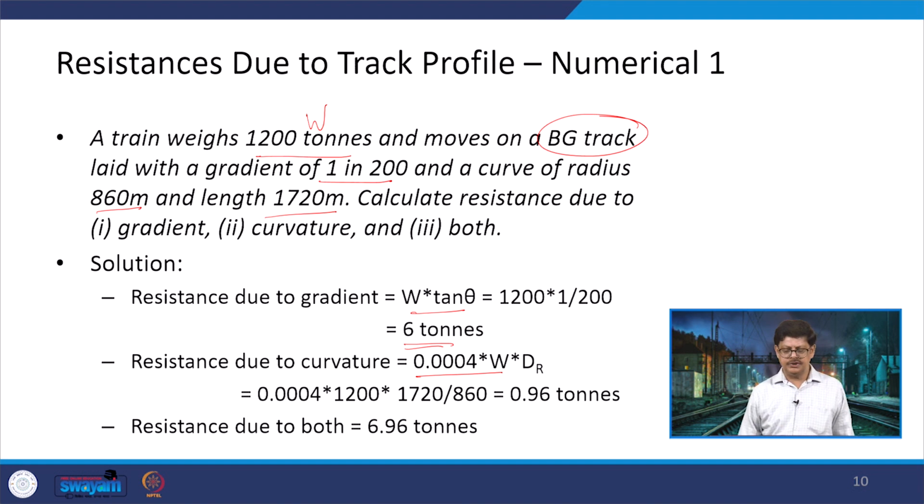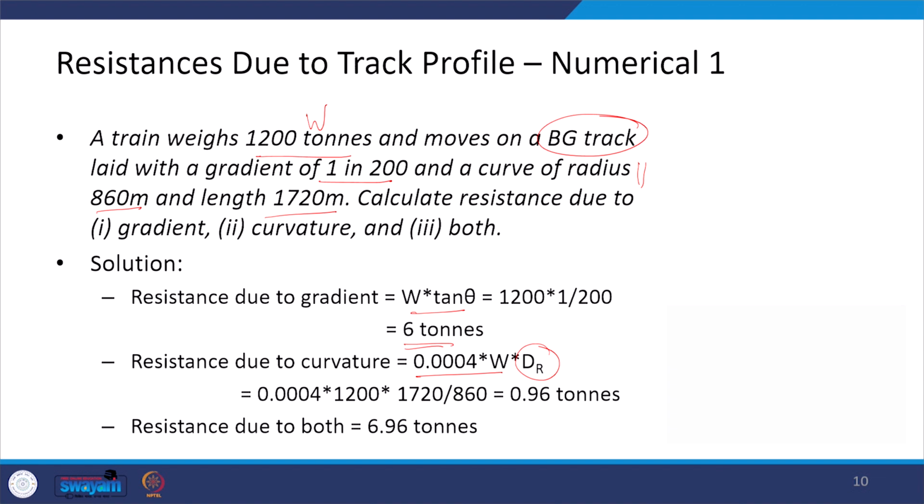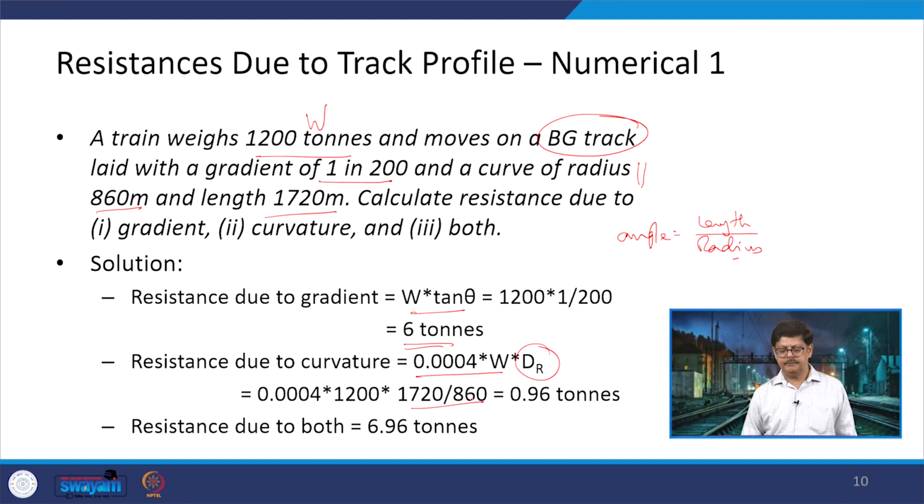When we put the values here, for this Dr, the degree of curve, we have the curve radius and the length given as data. So, considering the angle with respect to the length and radius, we get 1720 divided by 860, which is the angle in radians, and that is multiplied with the other two values, 0.0004 into 1200.